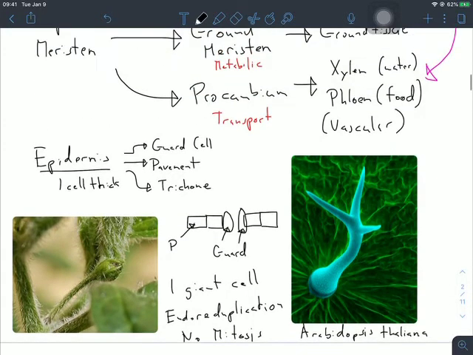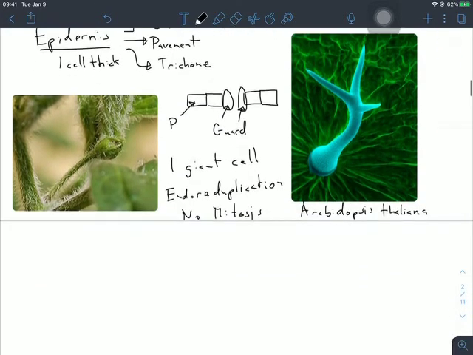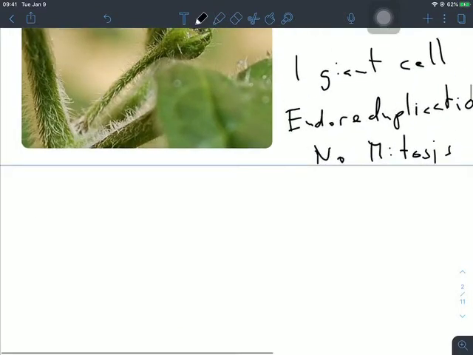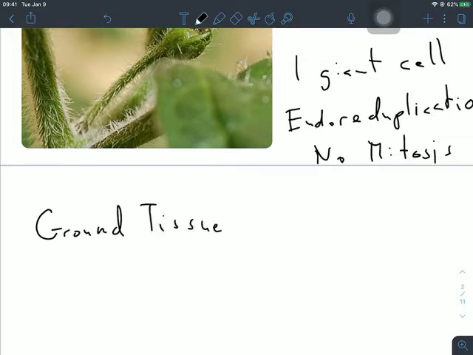Our next tissue type is our ground tissue. And just to keep things consistent, like we introduced 3 different cell types in the epidermis, we have 3 basic cell types in the ground tissue.